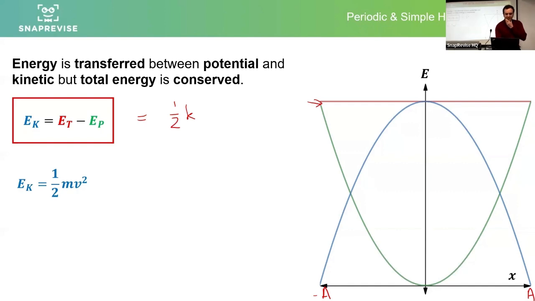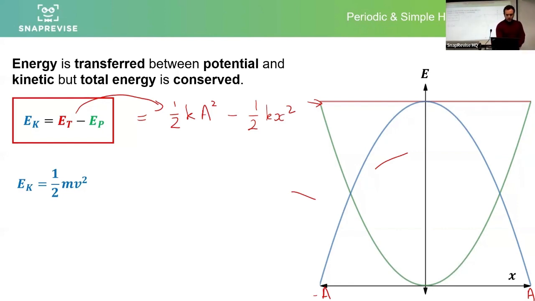It's half K A squared at its maximum. Therefore, mathematically, these are all constants, half K and A are all constants. That is going to be our numerical value for the total energy. And you subtract from that half kx squared. And there's an alternate expression for your kinetic energy.